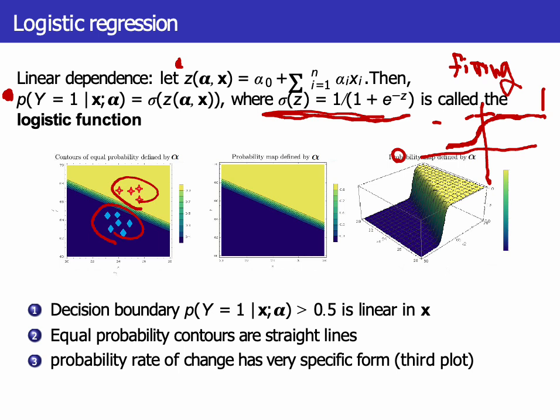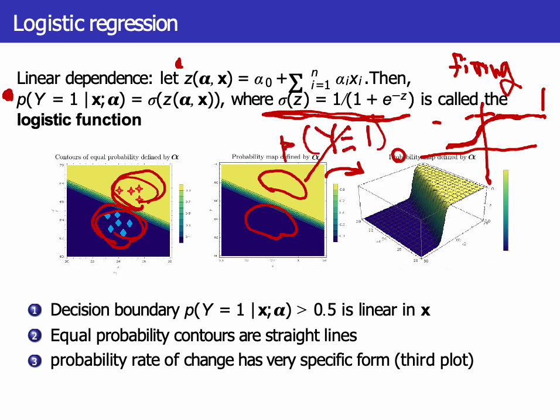What this means is that you have many inputs here, and this corresponds to p(y=1) and p(y=0) after the input of x.